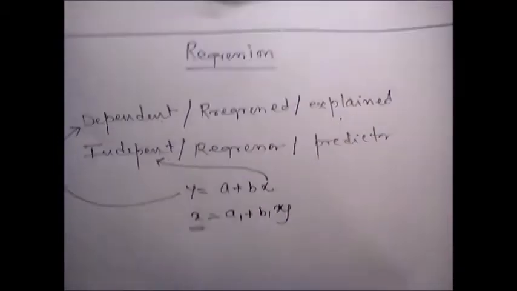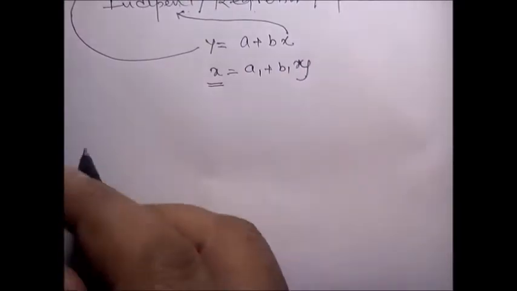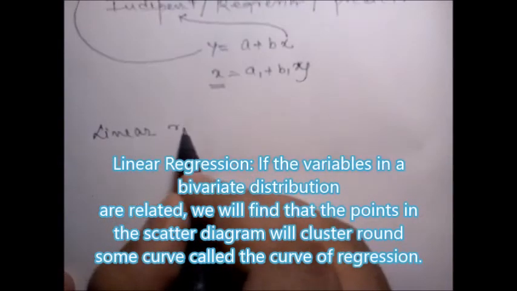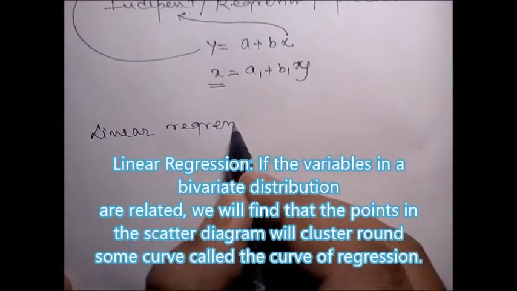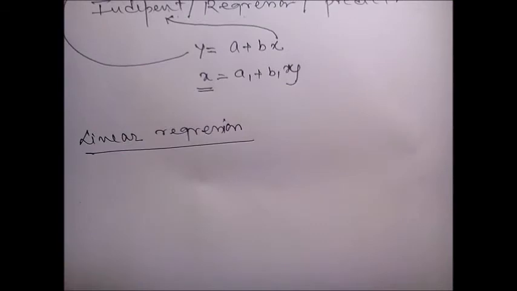Okay. Now, the next concept is linear regression. What is linear regression? Now, if the variables in a bivariate distribution are related, we will find that the points in the scatter diagram will cluster around some curve called the curve of regression. Okay.